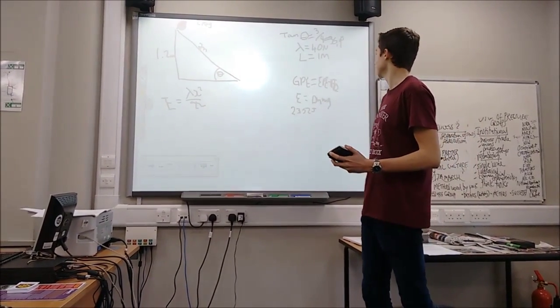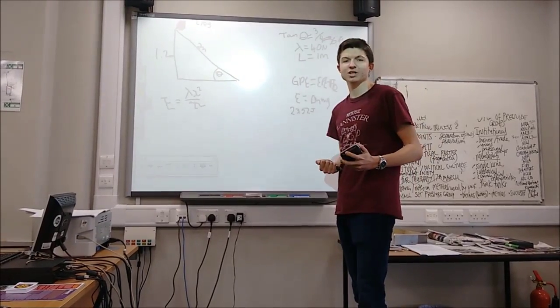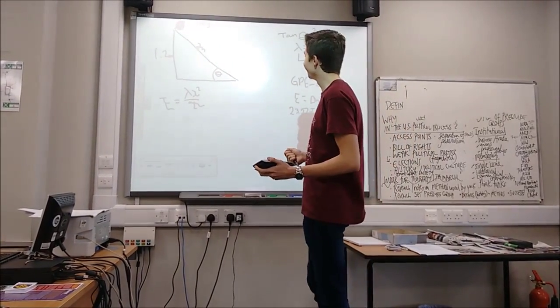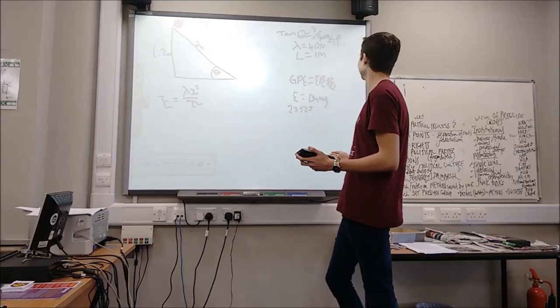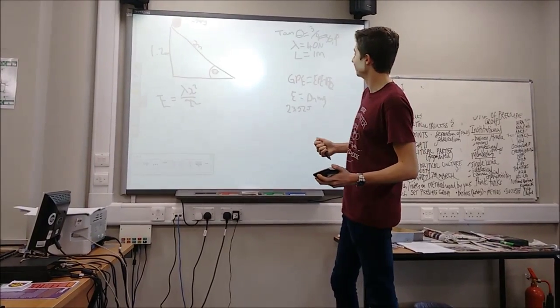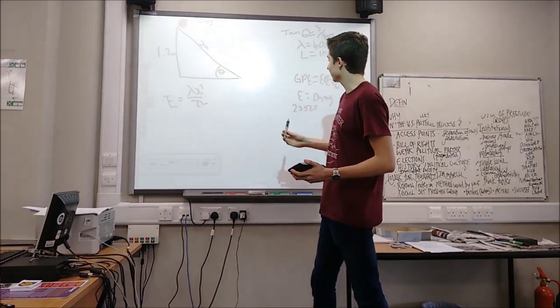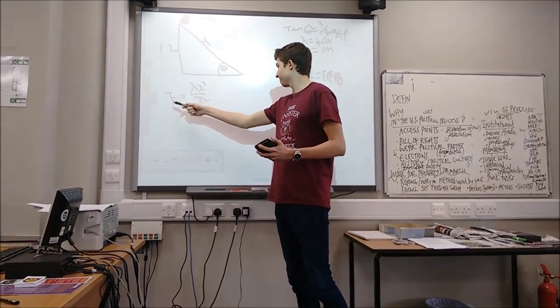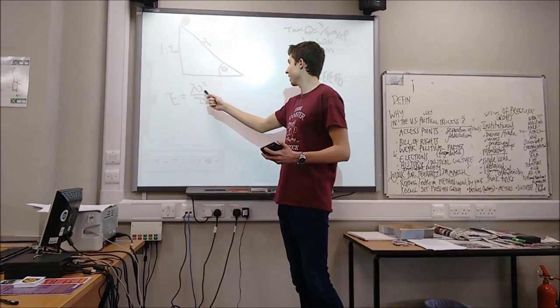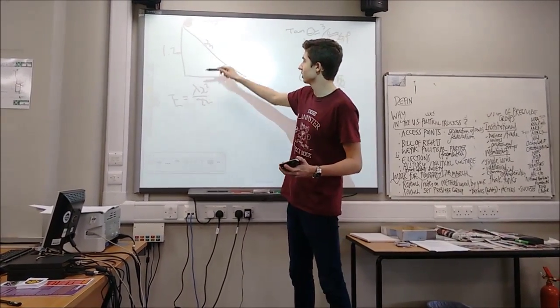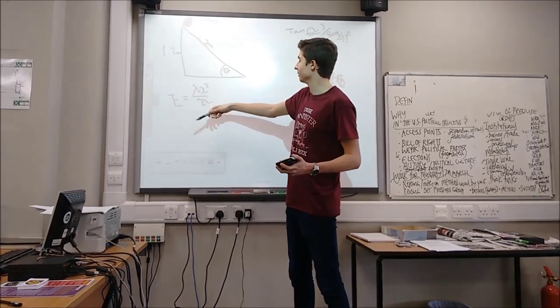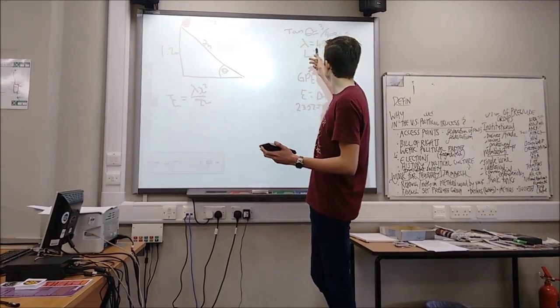Now we want to work out the total elastic potential energy gained here. And that's going to be quite a hard one here. We know that we don't know E. We do know x because it's the spring extension. It'd be 1 squared. We know lambda, and we know 2 times length.